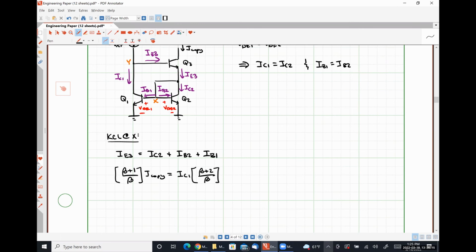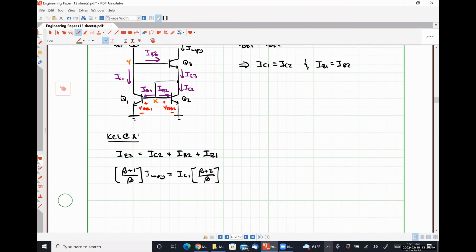IB2 is also IC1 over beta. When I combine those two together, I get 2 IC1 over beta. And then I have a beta over beta IC1, which is how I get beta plus 2 over beta. We okay with that? We did the exact same thing in the last example, by the way.